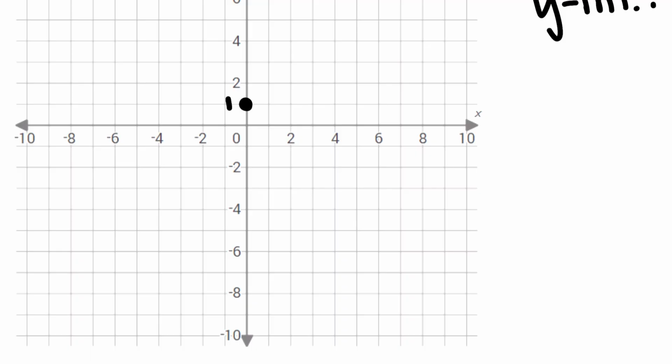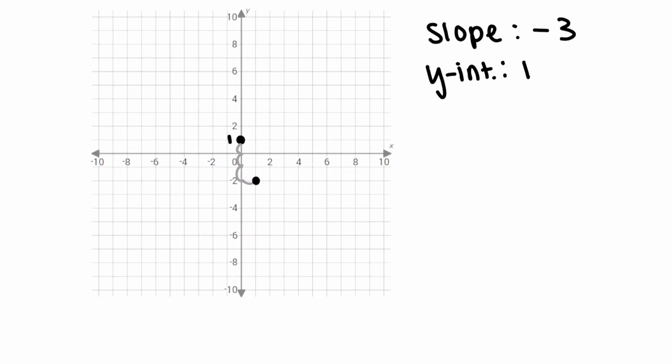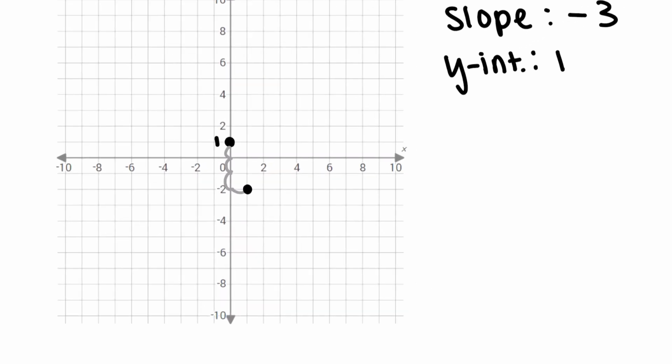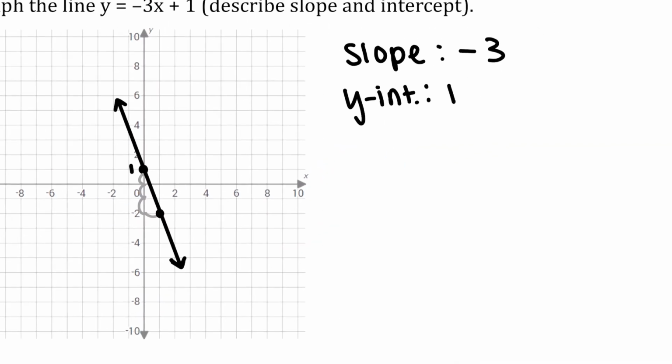We're going to go down 1, 2, 3, and to the right, 1. So our slope that we just did is negative 3, y-intercept of 1, and that's how we graph it.